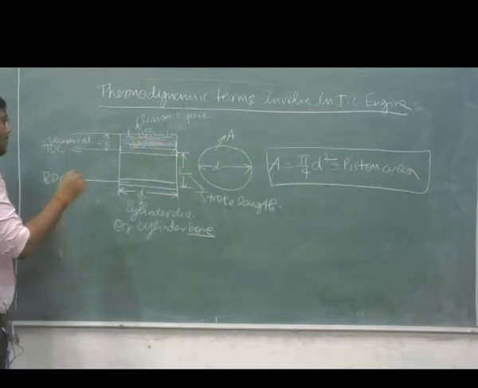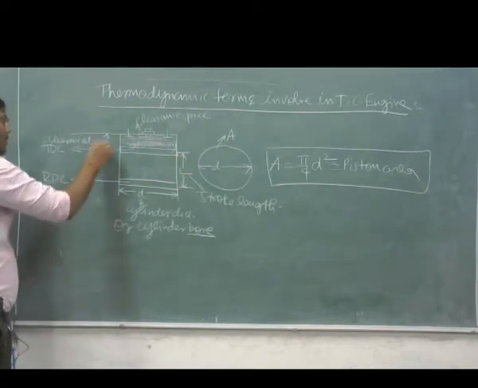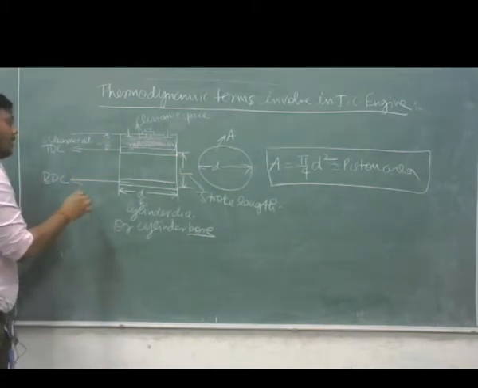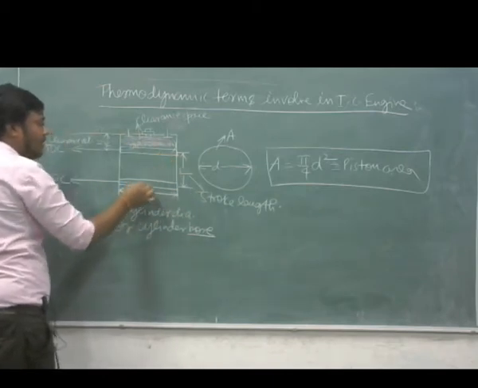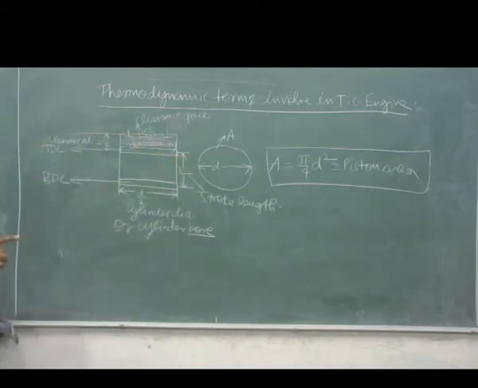Next thing is the volume of the stroke length. The volume covered by the piston when the piston is moving from TDC to BDC or BDC to TDC is known as stroke volume.